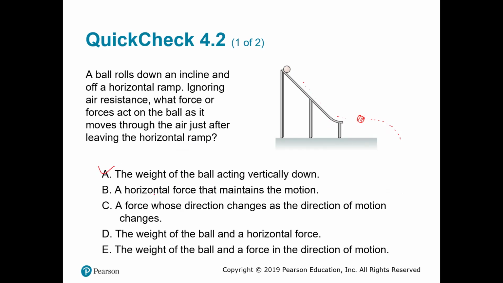And then, is there any horizontal force that maintains the motion? No. You see, in chapter 3, what do you see? Horizontal acceleration for this free fall motion. In other words, this is a two-dimensional trajectory motion. a_x is 0. So there is no horizontal acceleration, so there are no horizontal forces there, right?